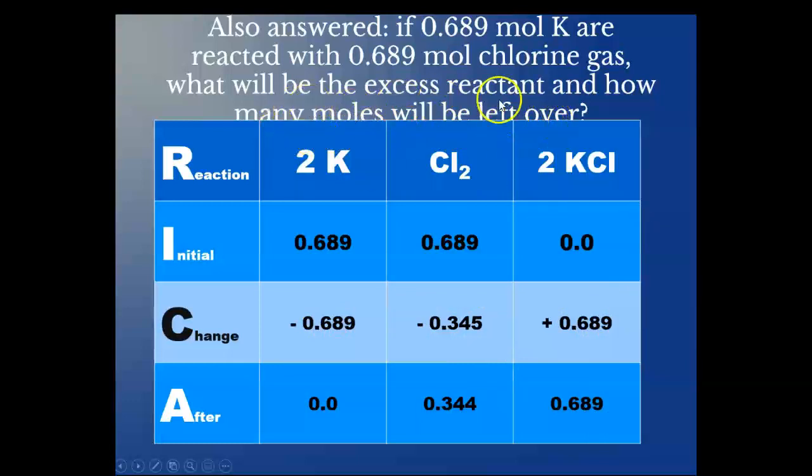And what's the excess reactant? Well, obviously, this is the excess reactant. So it gives us the answer to the problem if the problem was asking for how much product. If the question was asking us how much excess reactant and which is it, it helps us answer questions like those very, very easily.